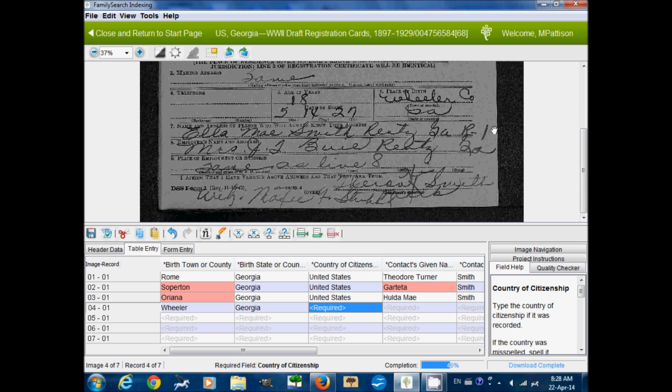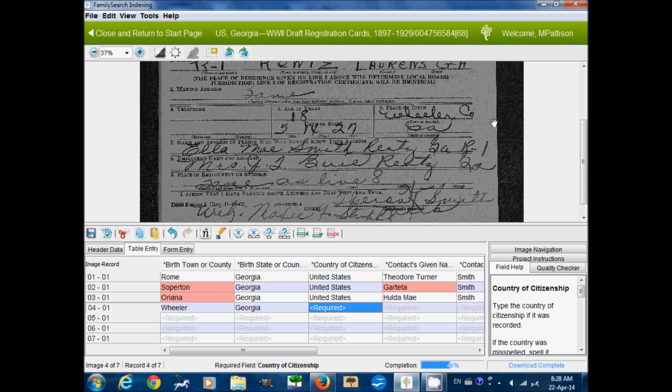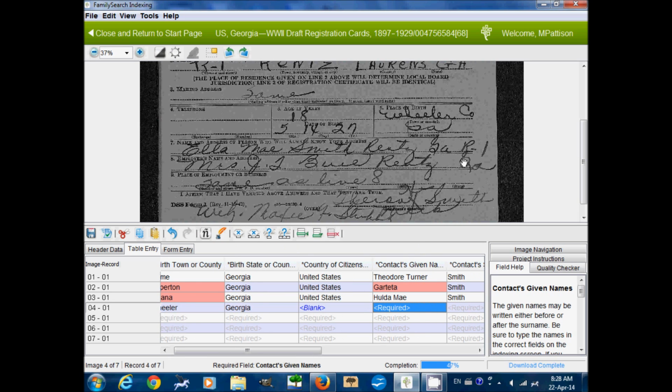And we cannot assume just because the individual was born in the United States, so I mean we know if someone's born in the US, that automatically gives them citizenship, but we can't put that. It has to actually say it on the card, and so we have to leave that blank. Mark the field blank. Okay, contact given name.